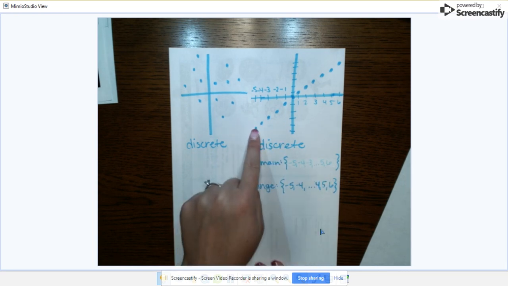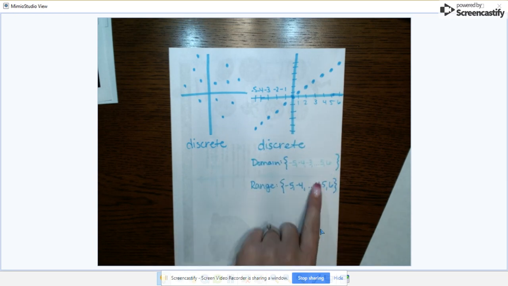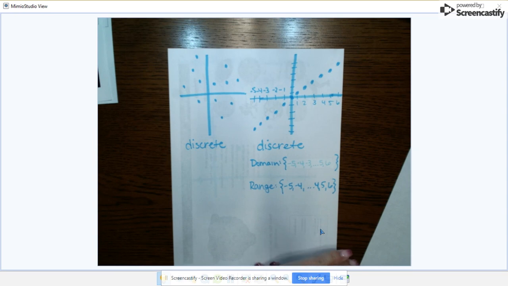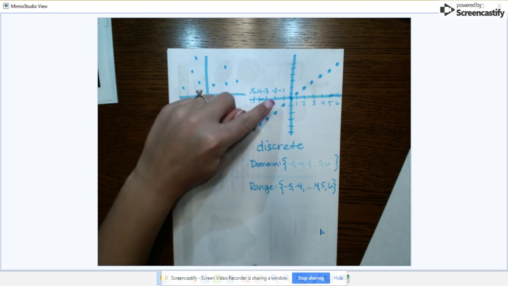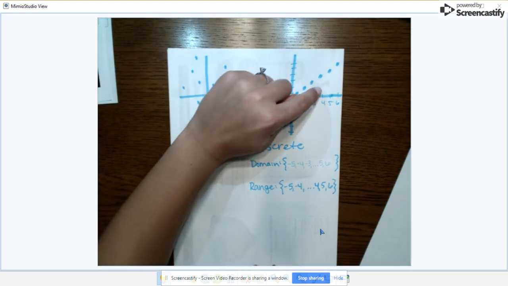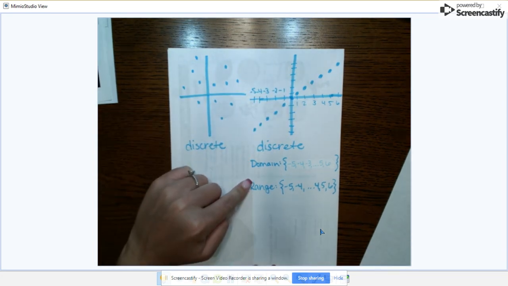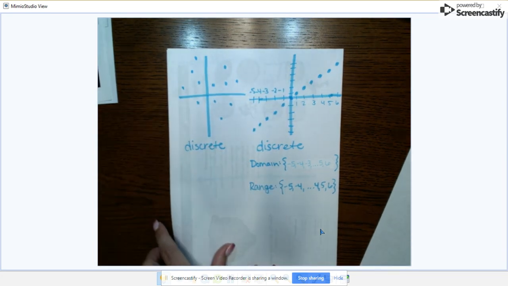So this goes from -5, -4, -3, -2, and so on, all the way up to 6. Likewise, my range also goes from -5 all the way up to 6. But we can't say that it's the entire interval because we don't have a value for -2.5. There's not a dot there, or there's not a dot at 3.5. So our domain and range have to be those individual points, just like our graph is.